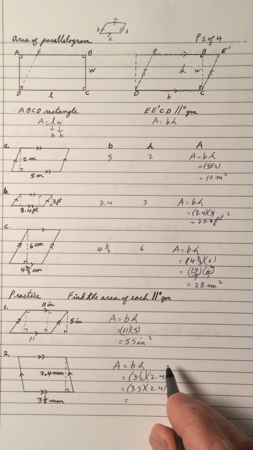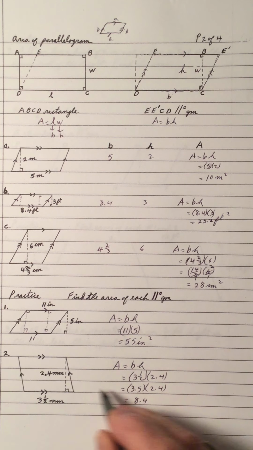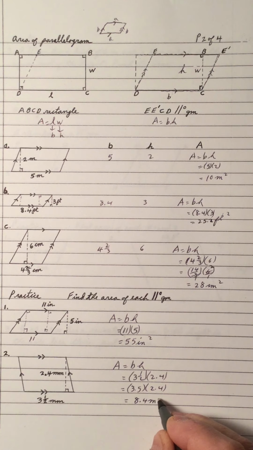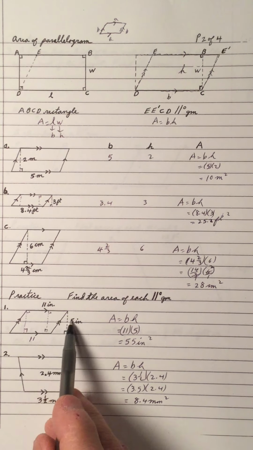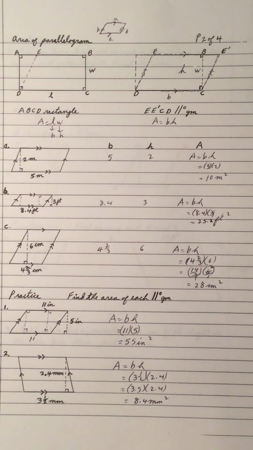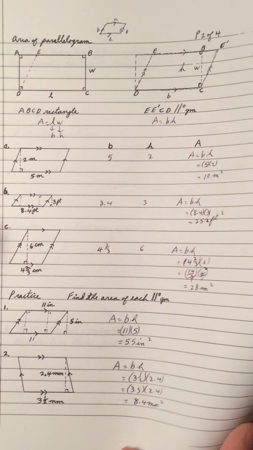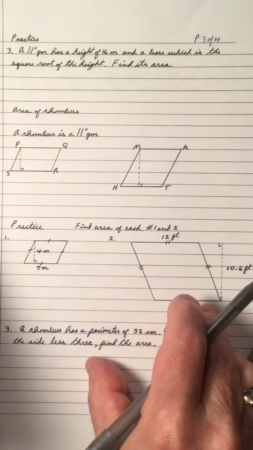We multiply those with a calculator and we get 8.4, and it's millimeters squared. What you have to be careful of is to make sure both units are the same. You have to have them in the same units to multiply. Don't forget, watch out, same units for length, width, base, and height, etc.